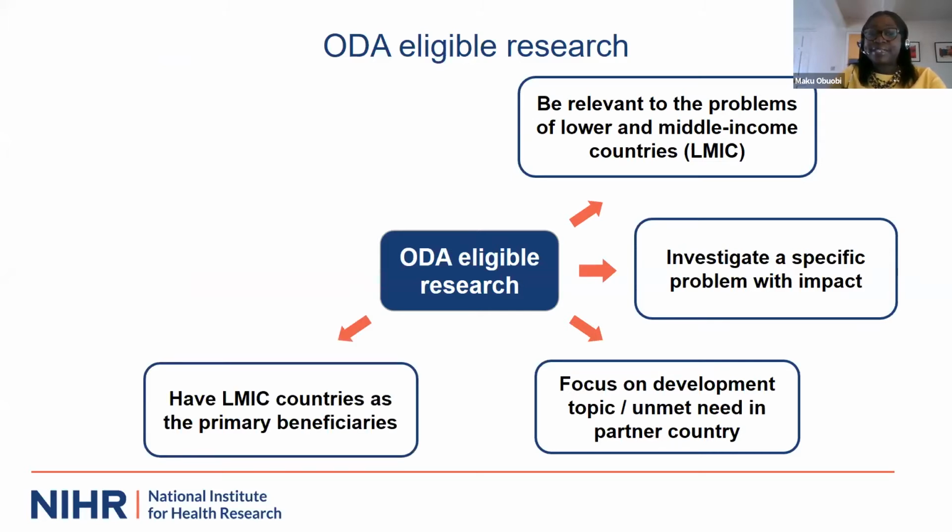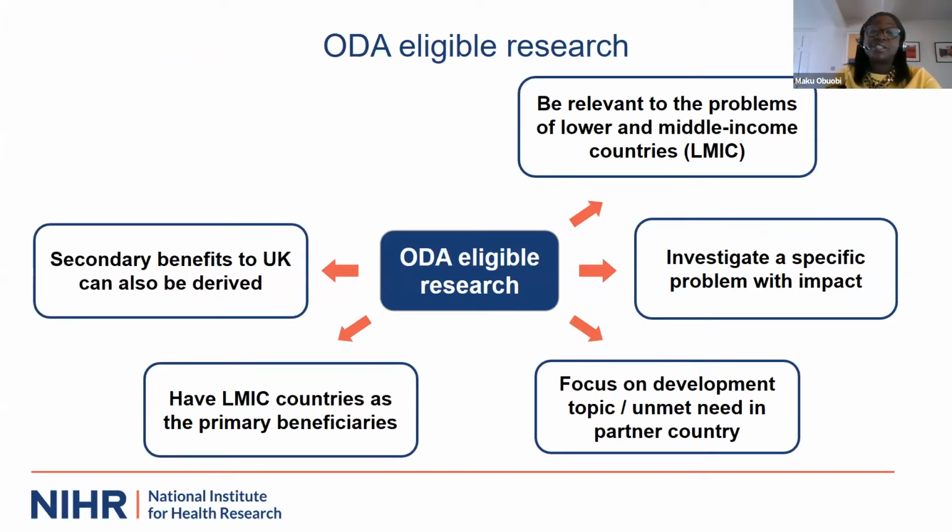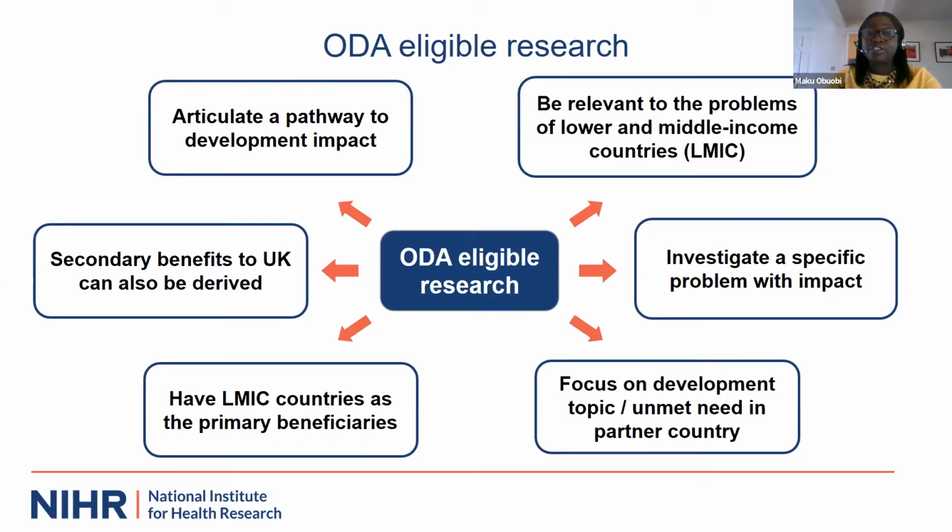The research does not need to be solely relevant to lower and middle income countries, but lower and middle income countries should be the primary beneficiaries. So secondary benefits can also be derived from the ODA activity to the UK or UK institutions. And finally, proposals should articulate a pathway to development impact, even if outside of the time frame of the project.